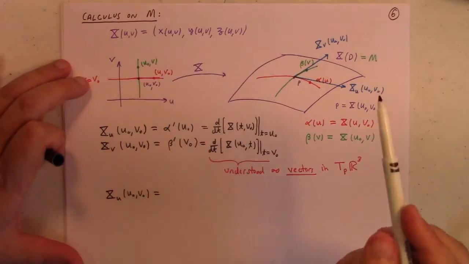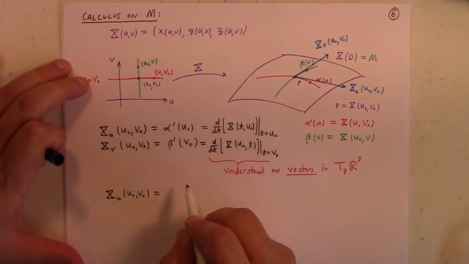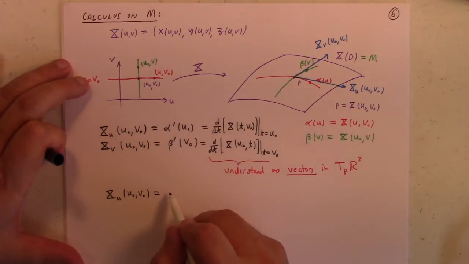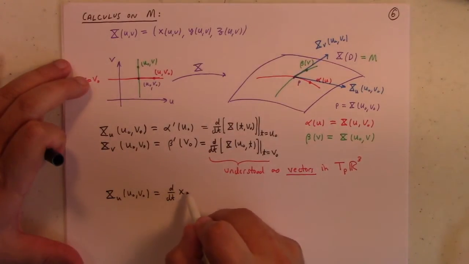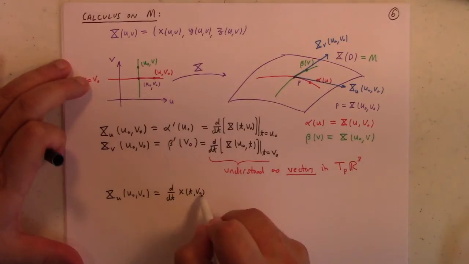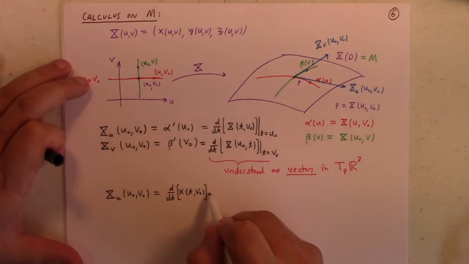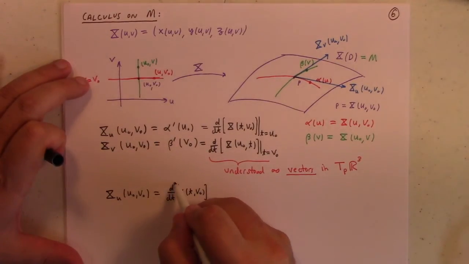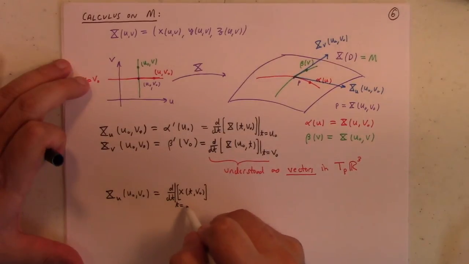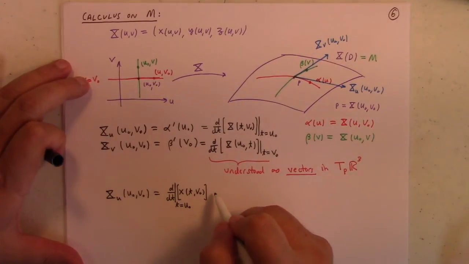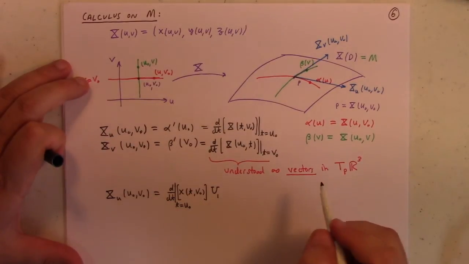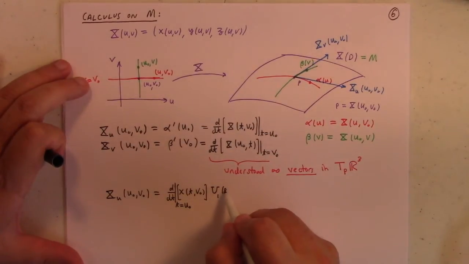Remember x y z up there, so this is really d/dt of x of t comma v naught. Do that differentiation, you set back t equal to u naught at the end of it, but this goes in the u1 direction, and technically speaking at the point P, okay?